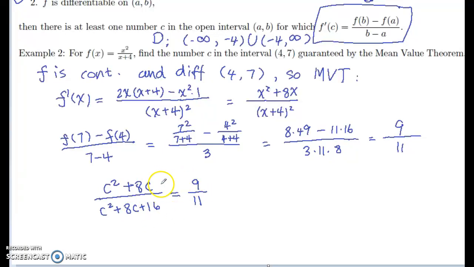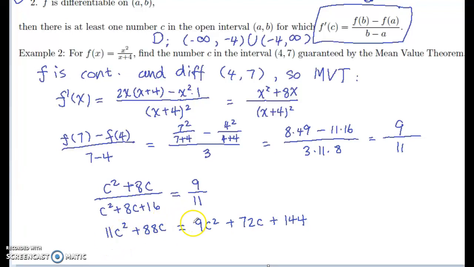Now we cross multiply, we have 11c squared plus 88c will equal 9c squared plus 72c plus 16 times 9 is 144. So we move everything to the right side.